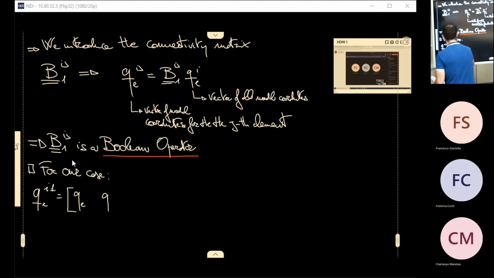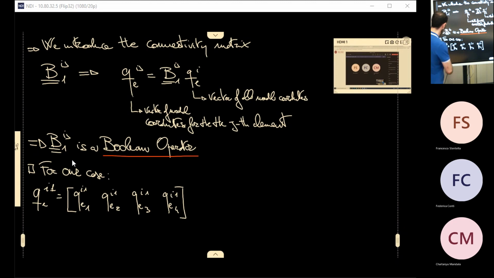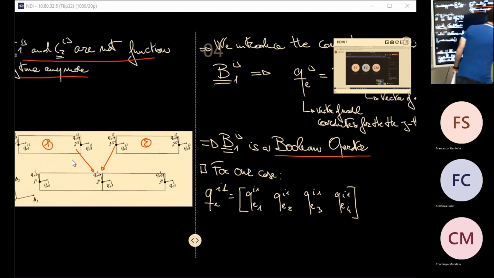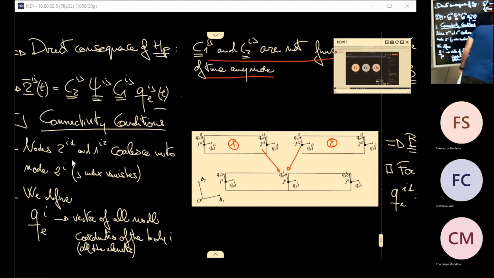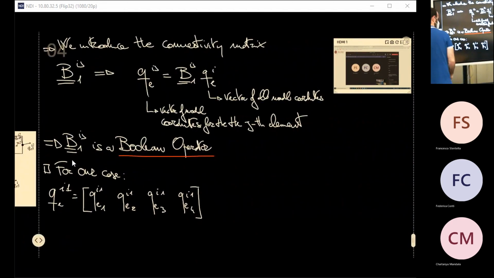Q, E, I1, I1, and it was the component 1, component 2, component 3, component 4. If you go and check this picture, you see you had QE 1, 2, 3, and 4. Transposed.